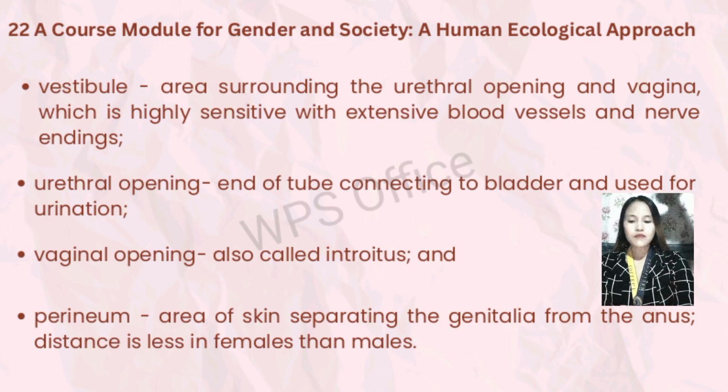Urethral opening, end of tube connecting to bladder and used for urination. Vaginal opening, also called introitus, and perineum, area of skin separating the genitalia from the anus. Distance is less in females than males.